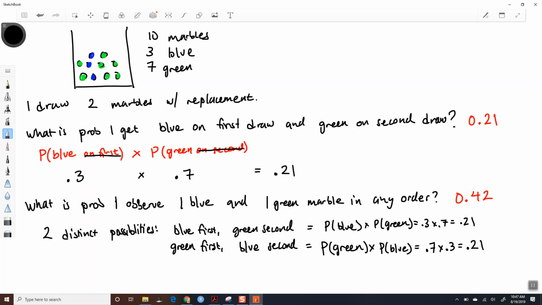It's not like the example we did today, male female versus local TV or national TV, where there was overlap in terms of males and local TV. But these two outcomes are mutually exclusive, so I can just add them up. And we get 0.21 plus 0.21, and we get 0.42.